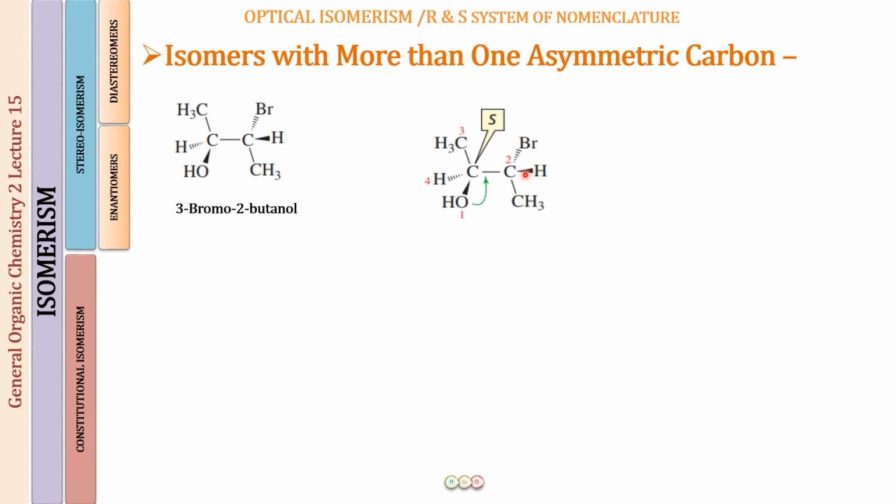So we look at the next set of atoms, which was rule number 2 that you learned in the last lecture. From that, what you find is that this carbon has a bromine, which is the highest atomic number atom from the second group of atoms. And here we have all hydrogen. So this is going to be priority group number 2. This is 2, this is 3, and hydrogen with the lowest atomic number is going to be priority group number 4.